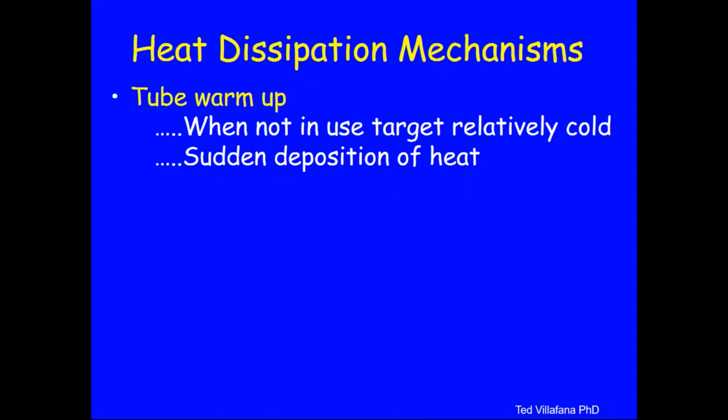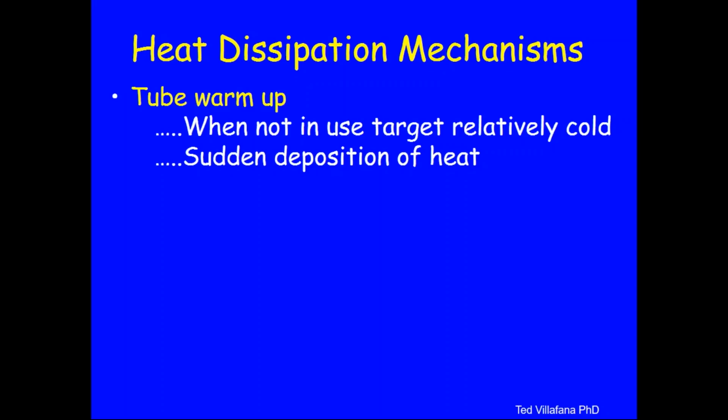I'm just going to go quickly over some of the slides we had already covered. One of the things we can do is warm up the tube, so that you don't start the day with a very cold target and impress a lot of heat all of a sudden in a small region of the target.